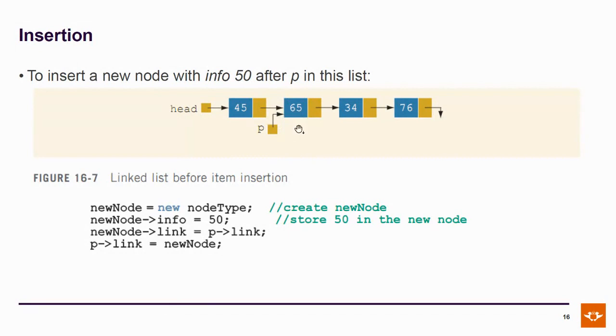But we have to do it in the right order so we don't lose the link to 65. If we accidentally made 45 point to the new node first, then we will have a problem because we won't have that pointer anymore. So we need to always make sure to either back up those pointers into a temporary variable or do the order of operations in the correct sequence such that we don't lose any information.